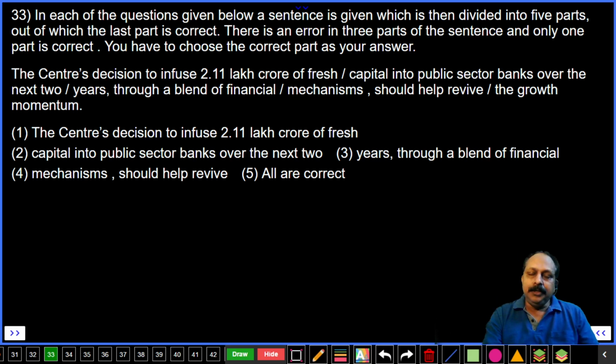The center's decision to do what? To infuse 2.11 lakh crore of fresh capital into public sector banks over the next 2 years, through a blend of financial mechanisms, should help revive the growth momentum. The sentence is absolutely right. All parts are correct. Answer is the fifth option.